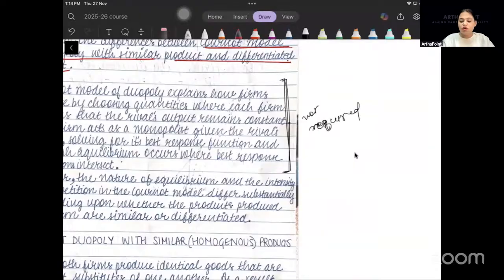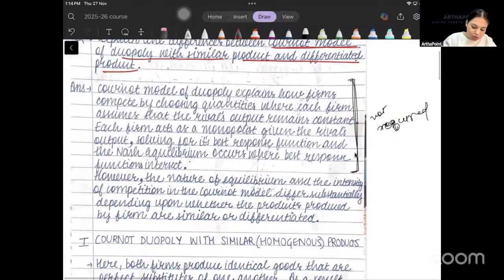We do not have to tell in detail what the Cournot model is about. No doubt you can explain in one line what the Cournot model does, but not more than that.